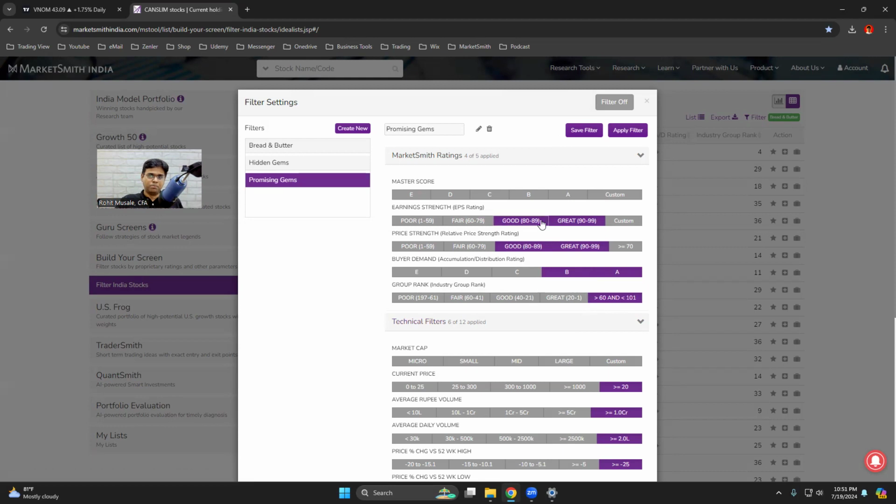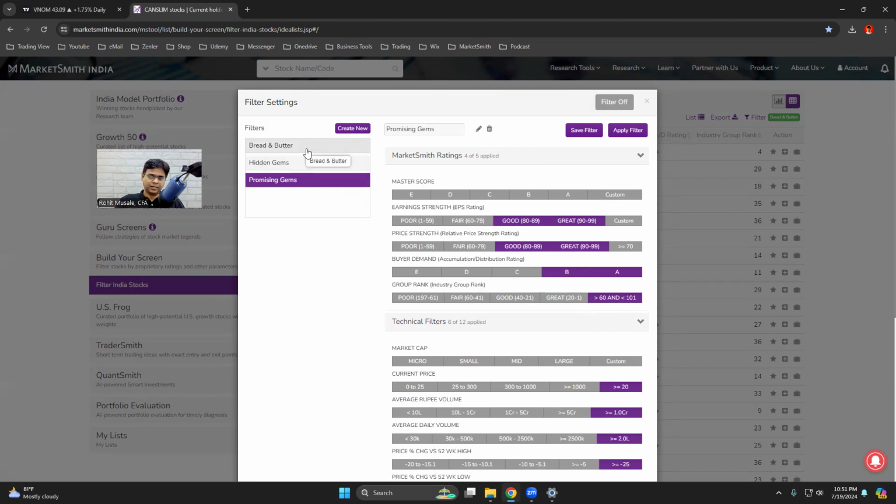Best stocks in terms of earnings, price, and institutional demand, but in terms of industry, they rank poorly. That is why I call them promising gems, because these are the stocks that can pull an industry up. Both of these categories are stocks which can pull an industry up into the 40 rank, which is the bread and butter industry rank.